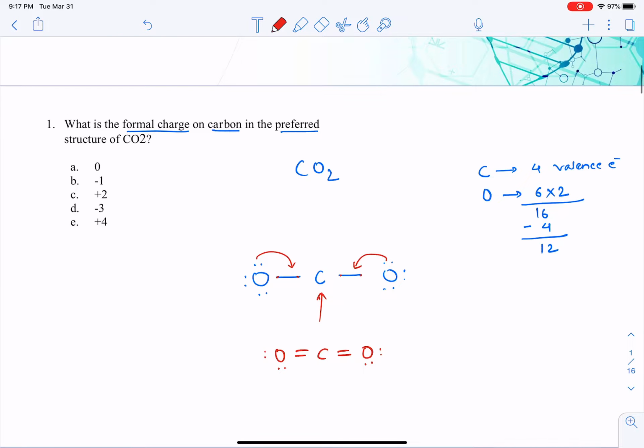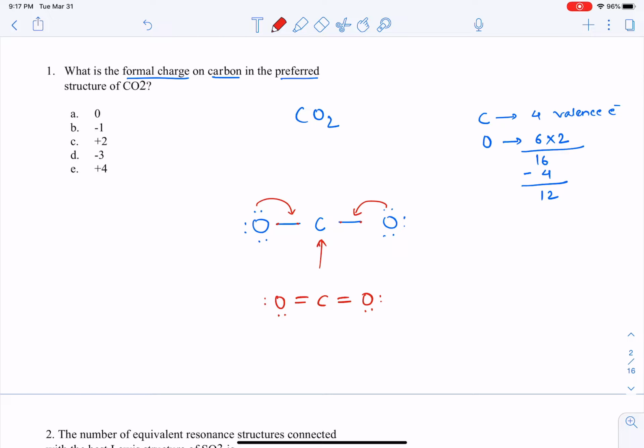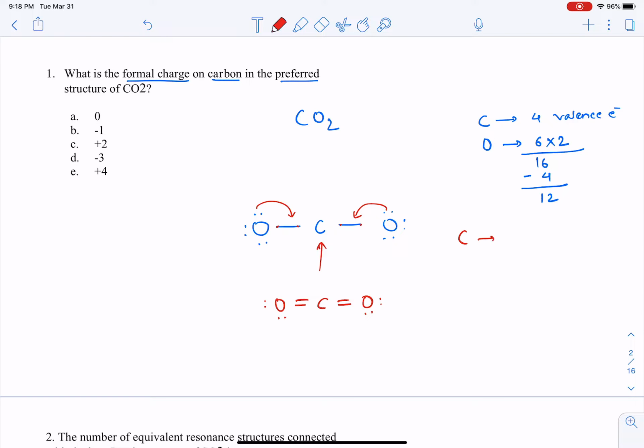And to check the formal charge, how do you check the formal charge? What does it mean? In formal charge, we are comparing what the initial situation was to the present situation in this structure. Carbon initially had only 4 valence electrons, right? So we will check whether it has 4 electrons now.